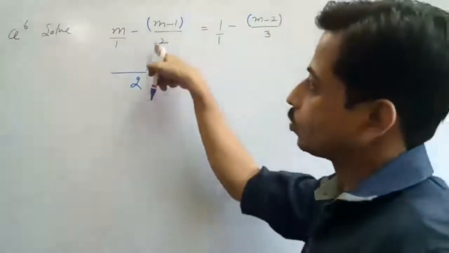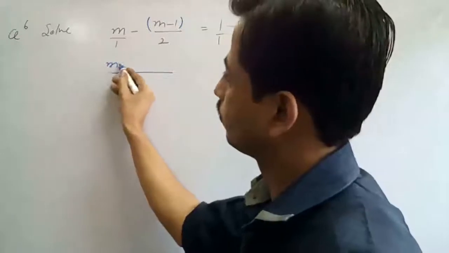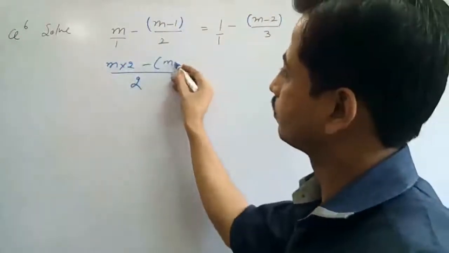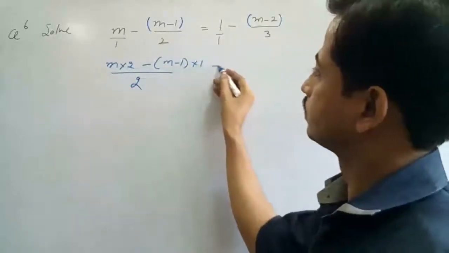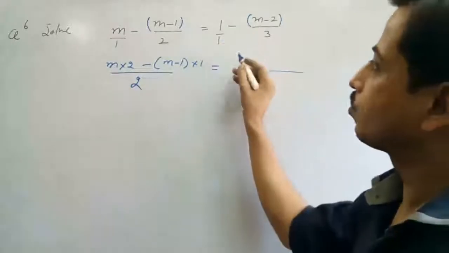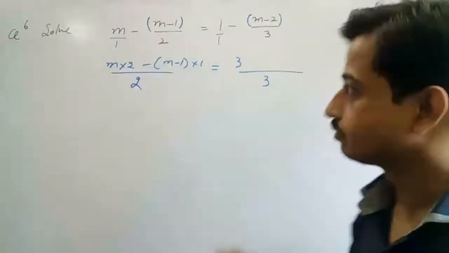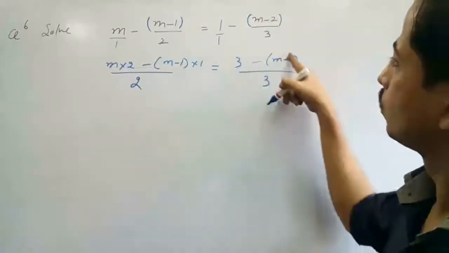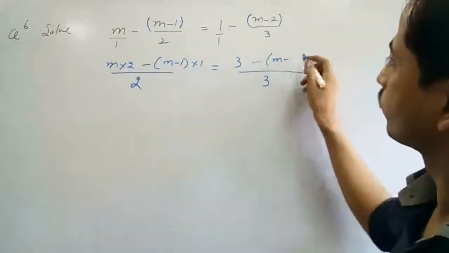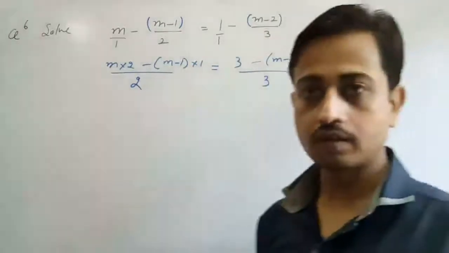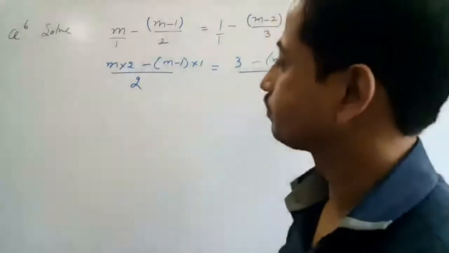Now multiply 2 by m minus this multiplied with 1. Same here. 1 into 3, 3. 3 multiplied by 1, we get 3 minus m minus 2 is multiplied with 1.